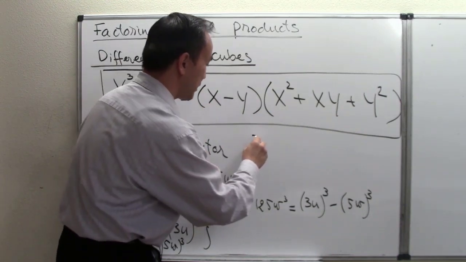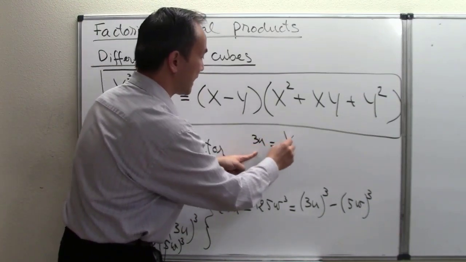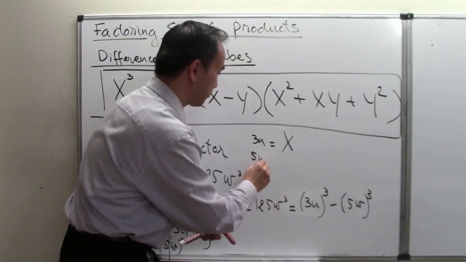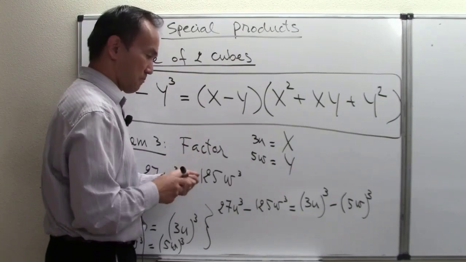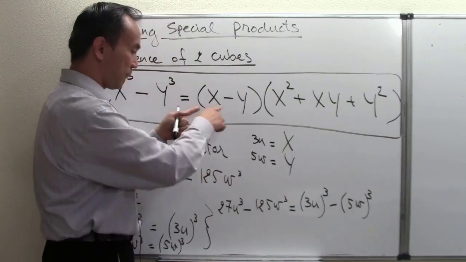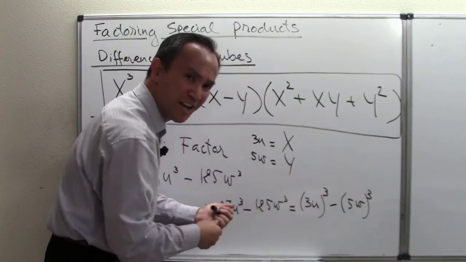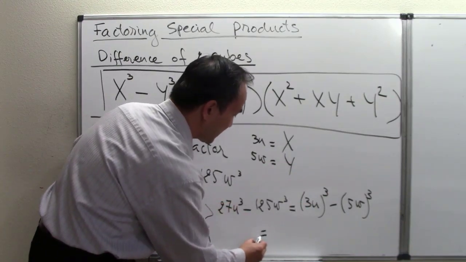3u, in this formula, is being placed in place of the capital X in our formula. And then 5w is being placed in place of our y in the formula. So with the formula right now, I'm not going to worry about writing down the red ink part because it's easy enough. But let's just repeat the formula.